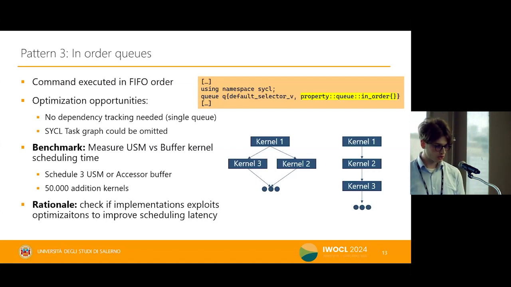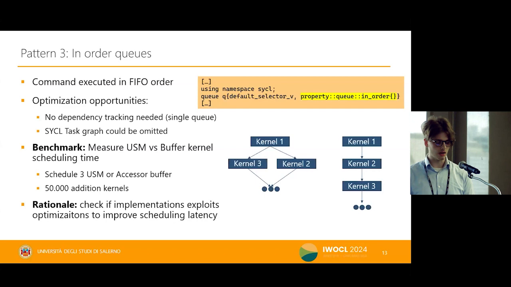Also, part of the SYCL task graph construction can in theory be omitted, as it's just FIFO order. So the idea was to measure, using both memory models, USM and buffer-accessor, what happens on the scheduling part, and the optimizations there.